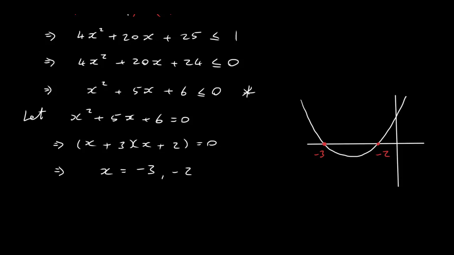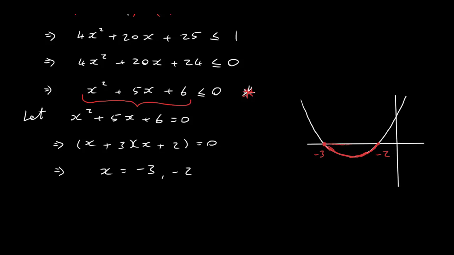So what do we want to solve? We want to solve this inequality up here. So we know that we want our y value, this is our y value here, to be less than or equal to 0. So where on this graph are our y values less than or equal to 0? Well, they're equal to 0 here at minus 3 and minus 2. All these points down here have y values less than 0. The question says what are the x values that will give us these y values?